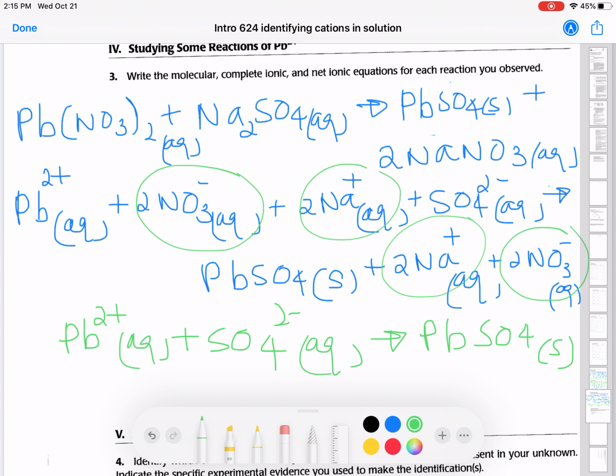And then we also saw that the lead nitrate sodium sulfate complex, or the compound that you made with sodium acetate, it's going to give you another complex. Okay. Do we need to do that?